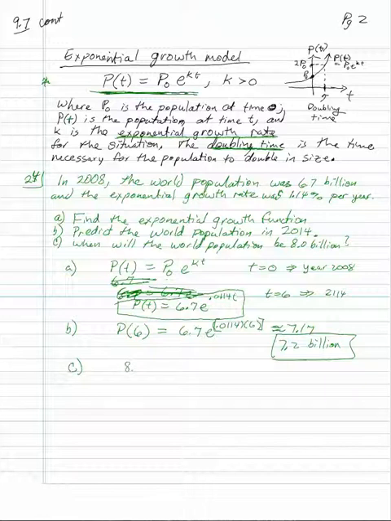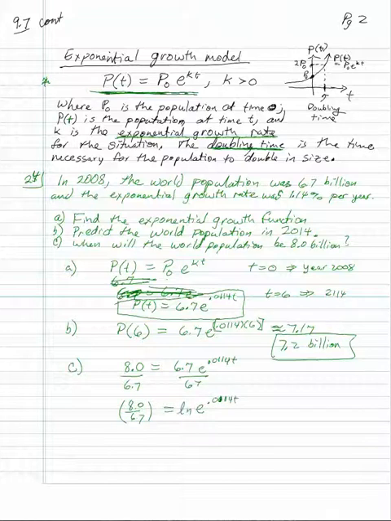So we want to find t when the population is 8 billion. Okay, so we're going to divide both sides by 6.7. Remember, we got to get the exponential by itself, just like we did before. Then we're going to take ln of both sides.